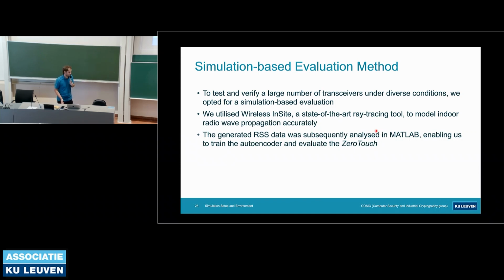And that's why we decided to go with simulations and use Wireless InSite, which is a really powerful tool used both in academia and industry to model indoor radio wave propagation. Based on the data generated from this program, we import it to MATLAB, and in MATLAB we do all the processing, the training, etc.